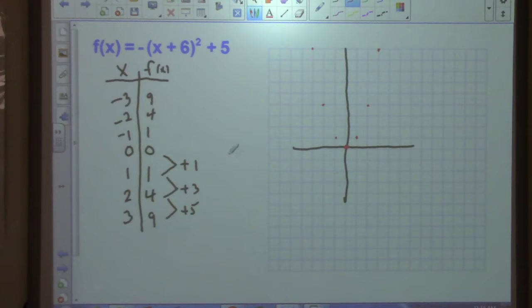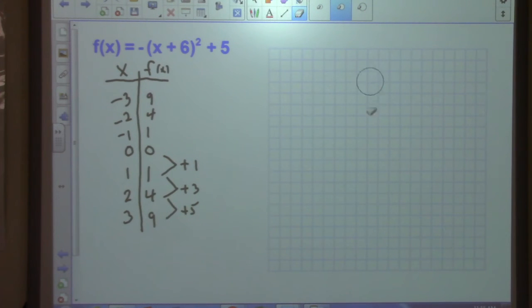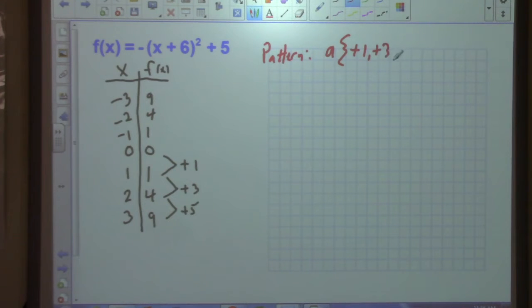And so you can determine what's going on with a quadratic function by what? Let me mention the pattern that we're going to use, which is found by taking a times +1, +3, +5, as Justin said.